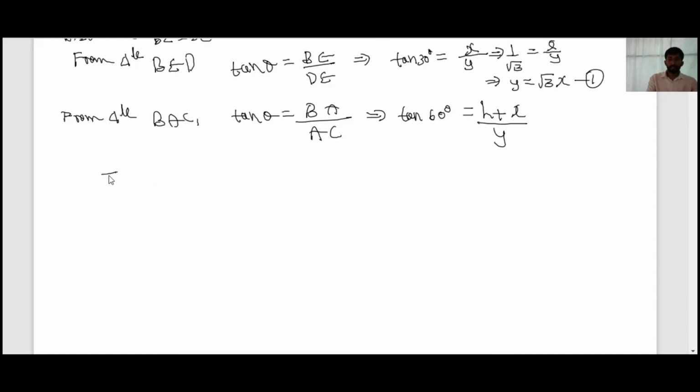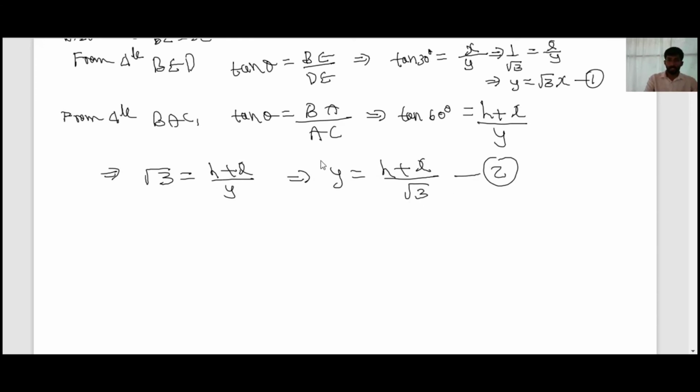Here I'll write, that implies tan 60 equal to root 3 is equal to h plus x divided by y. This implies y is equal to h plus x divided by root 3. Take it as equation 2. Equation 2 is y is equal to h plus x by root 3. Equation 1 is y is equal to root 3 x.